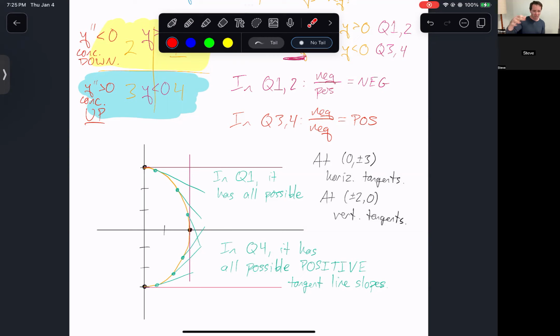Now, it's sort of a weird thought exercise to think that a slope of negative infinity and positive infinity are like the same. That's weird, but it is one of the conclusions here. So in quadrant 1, it has all possible negative slopes.